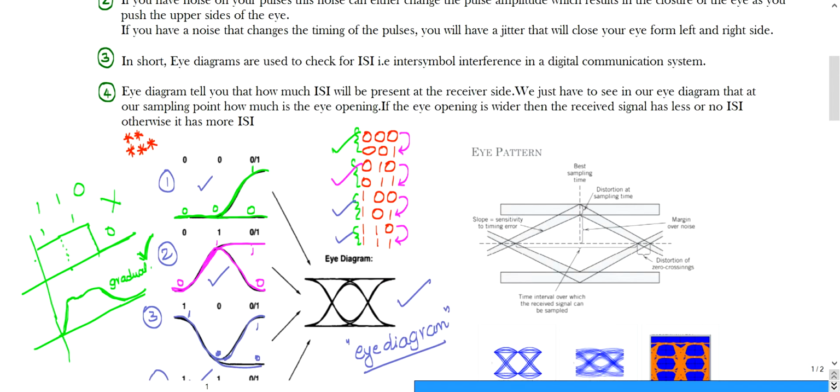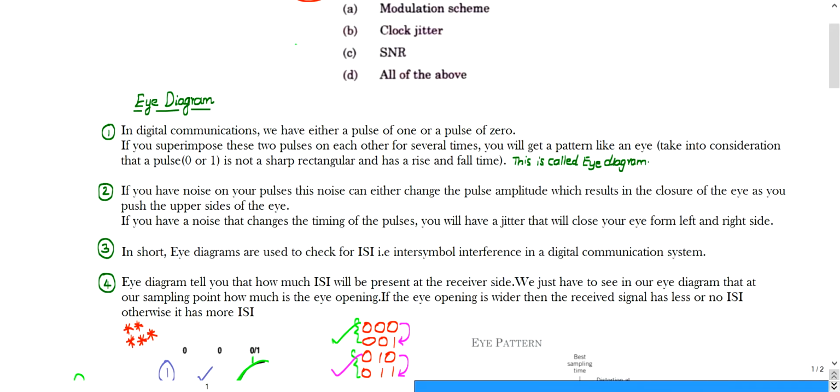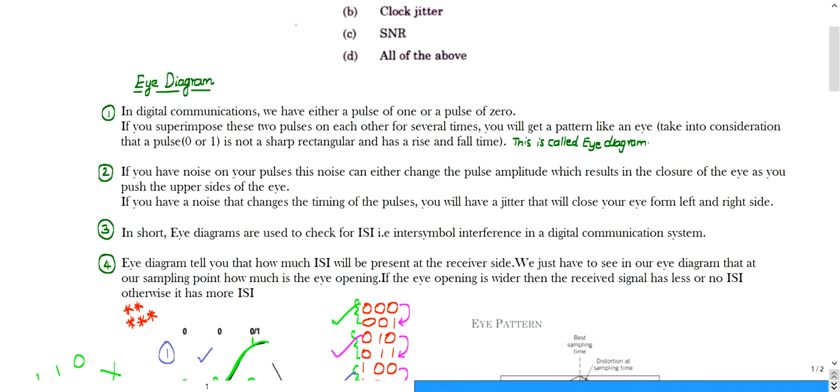Fine. Now let us see the points. First one, let us see the definition of eye diagram. In digital communications, we have either a pulse of 1 or a pulse of 0. That's the binary information we transmit in digital communication.